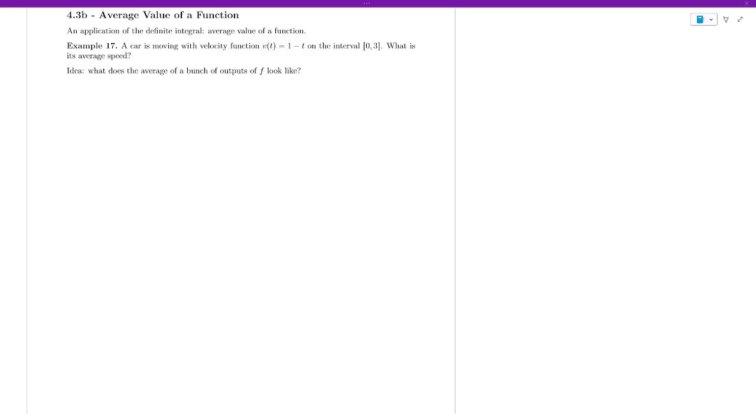If I was going 20 miles an hour the whole time, my average speed would be 20. Maybe for the first half of my trip, I go 40 miles an hour, and then the second half, I go 20 miles an hour. Then I would have a new average speed, which would be like 30, in between the 20 and the 40.